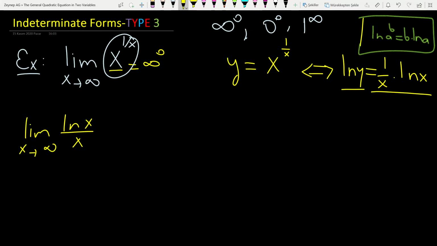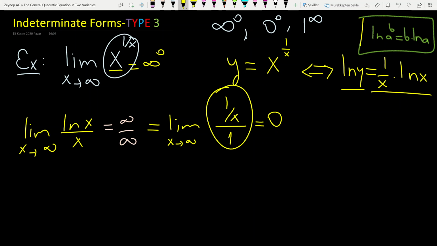When x tends to infinity, you have infinity over infinity. Of course, you can apply L'Hopital's rule here. The derivative of ln x is 1 over x, the derivative of the denominator is 1, so you finally have 1 over x here.